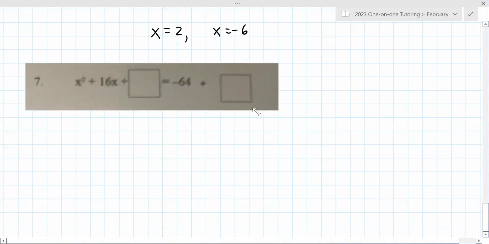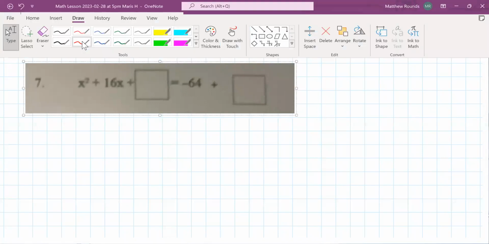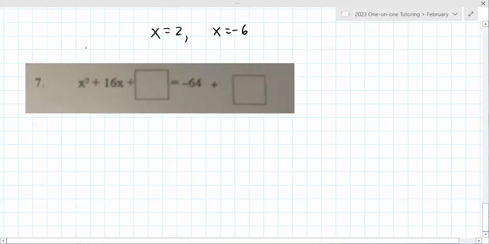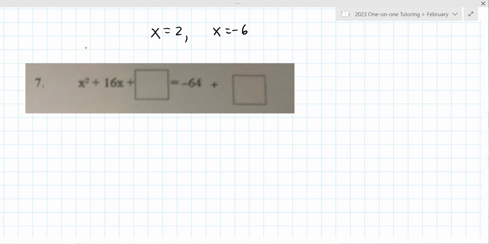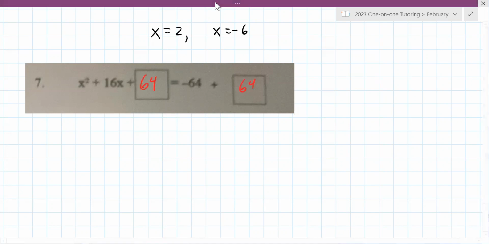All right, let's look at 7 here. Can you tell me what goes in the box, please? Six before. Okay. Now I know we normally focus on the left, but what happens on the right here?